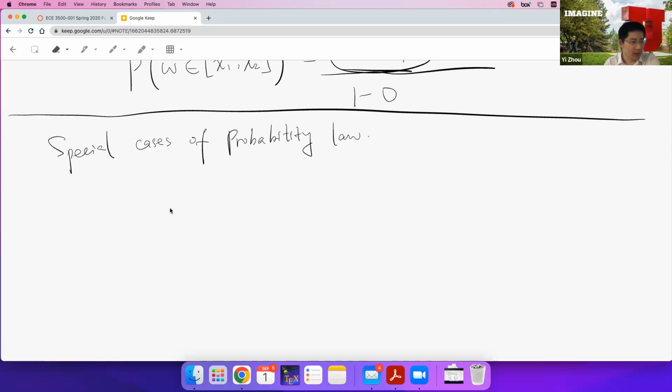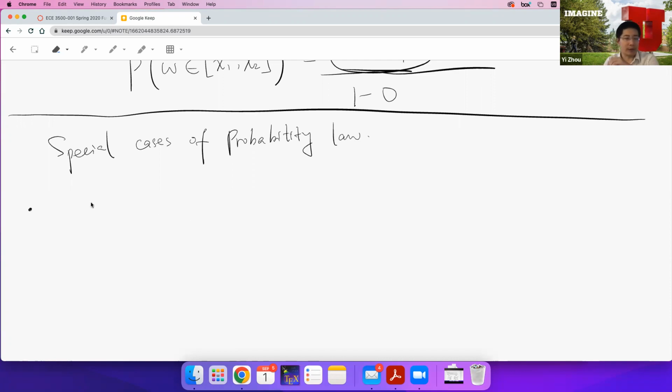So a very special case. We developed this modern probability framework in order to handle those continuous cases where the outcome space is uncountably infinite.